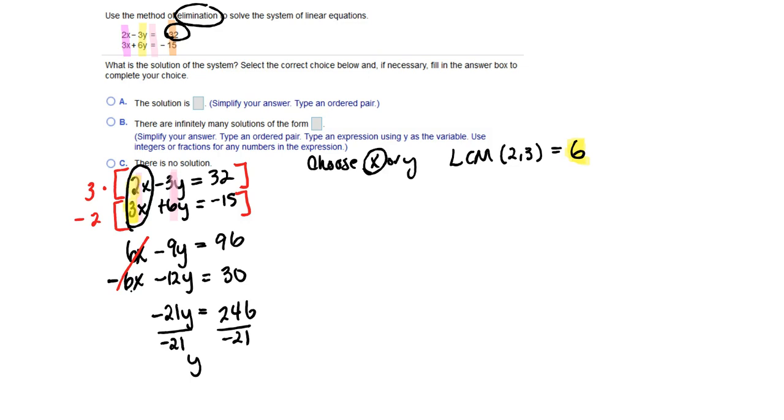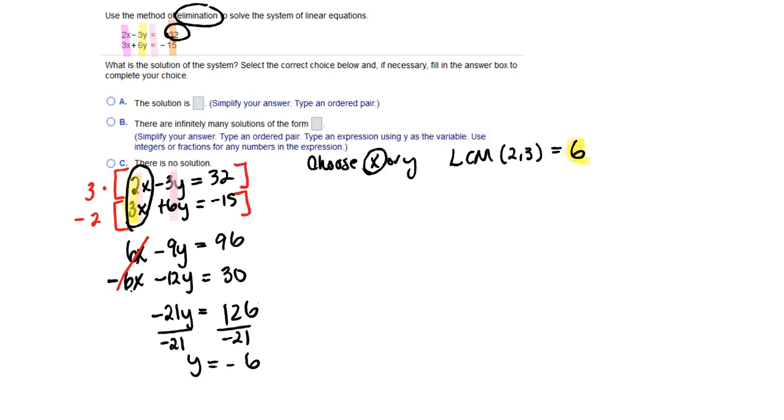And 96 plus 30 would give me a 126 here. And 126 divided by negative 21 would be negative 6. Okay, so we have the y coordinate.